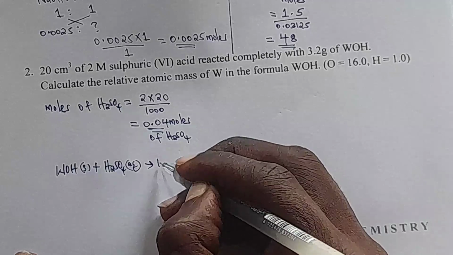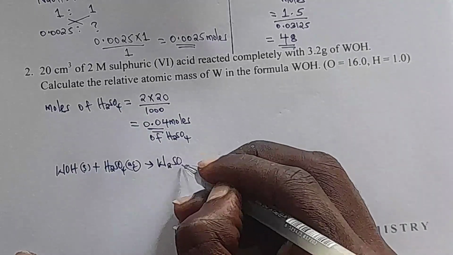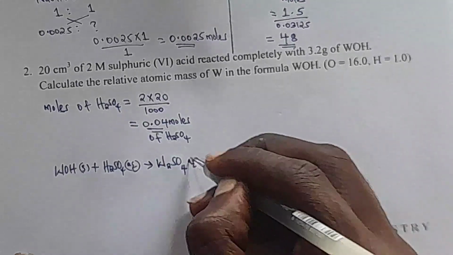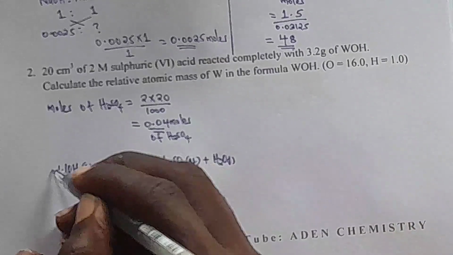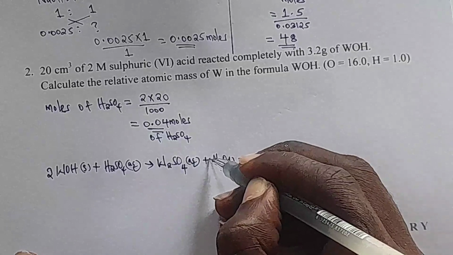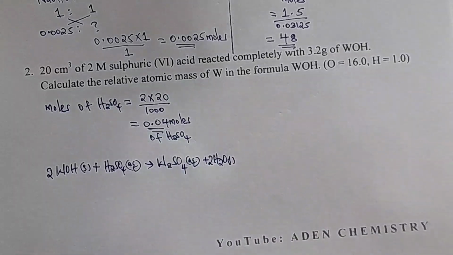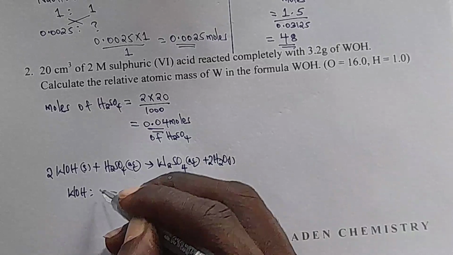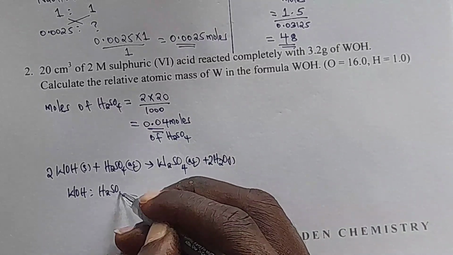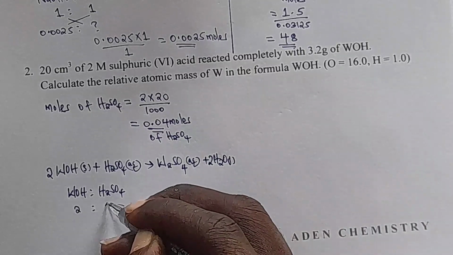We are going to get W sulfate, which is solution, plus water, which is liquid. To balance the equation, we put 2 there and 2 here. So the mole ratio between W hydroxide and sulfuric acid will be 2:1.